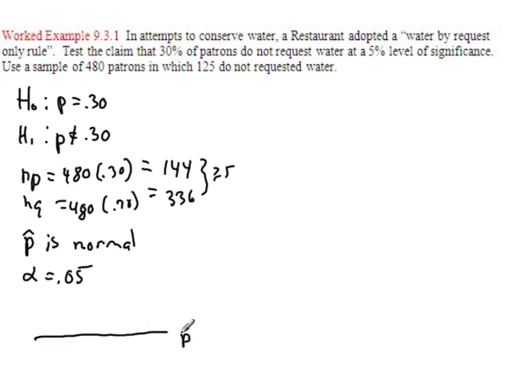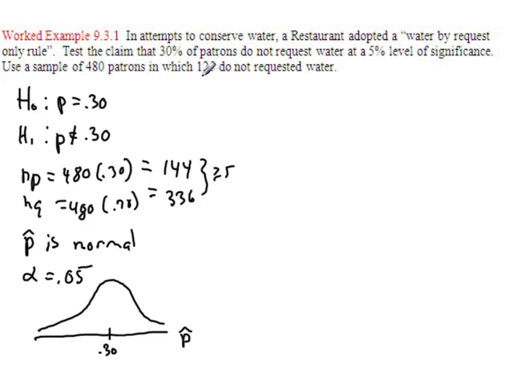and to do so we'll go with a drawing. P hat is normal. We're assuming that the proportion that don't request water is 0.30. We have a two-tailed test. So what is the proportion that we have in place here? Well, it gives us the number of people that do not request water.